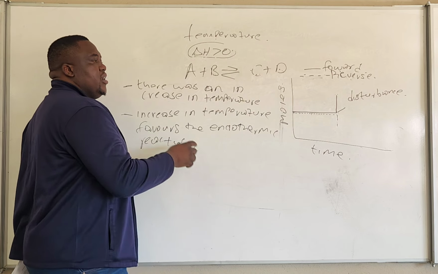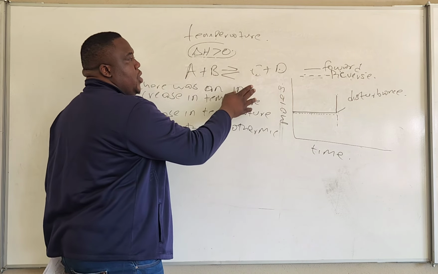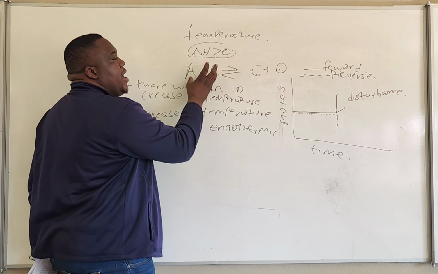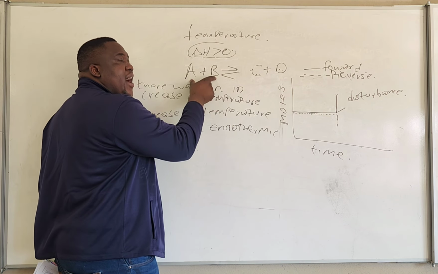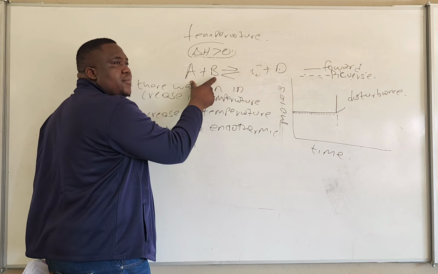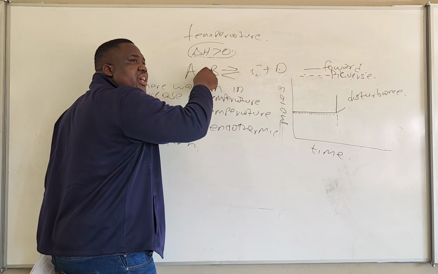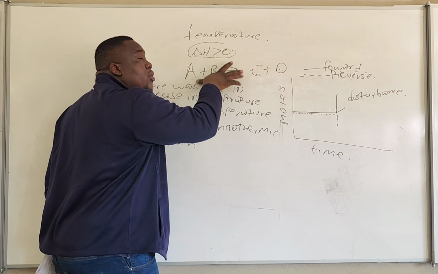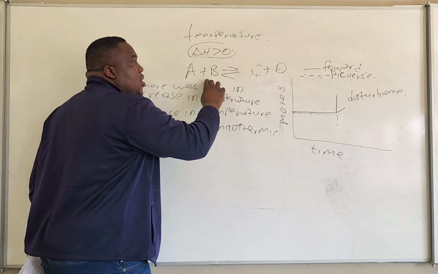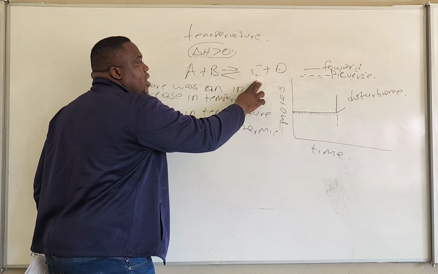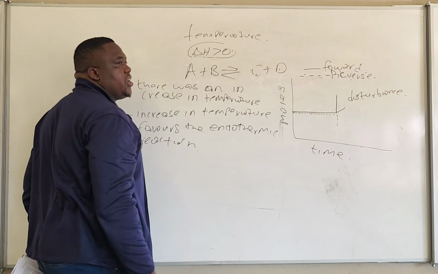It means that at first, before we increase the temperature, we had a high amount of A and B. So A and B must be decreased for this reaction to return to equilibrium. That's why when we increase the temperature, we start to increase C and D, to decrease A and B so that the reaction can return to equilibrium.